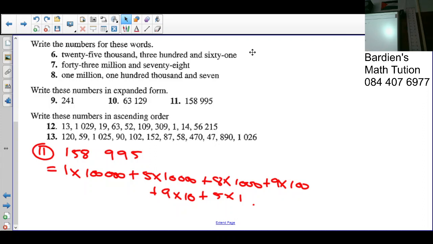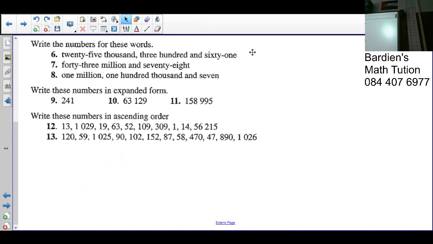Okay, so let's look at number 12 for ascending order. It's smallest to biggest.